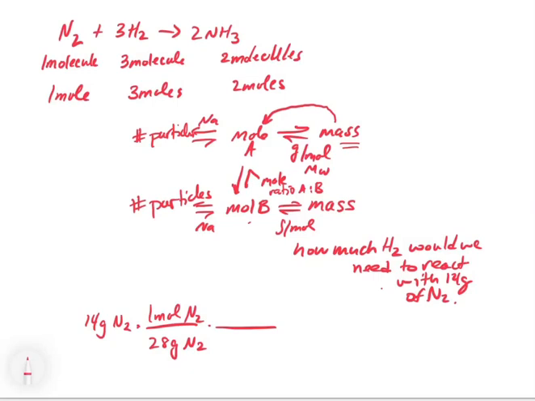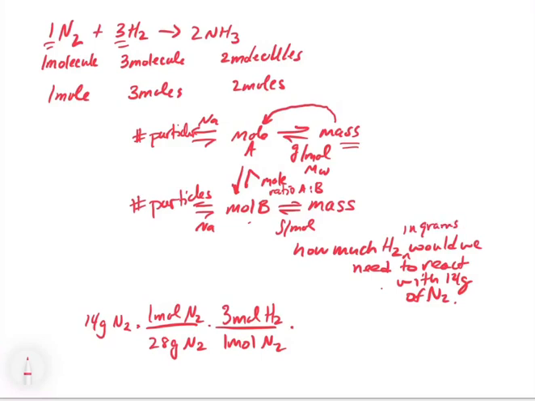Okay, so now I know how many moles of nitrogen I have. So we can convert moles of nitrogen to moles of hydrogen by using the mole ratio. I know that for every 1 mole of nitrogen, I need 3 moles of hydrogen. And now the problem is asking us for how much H2, and let's just add in grams so that we don't get confused with moles.